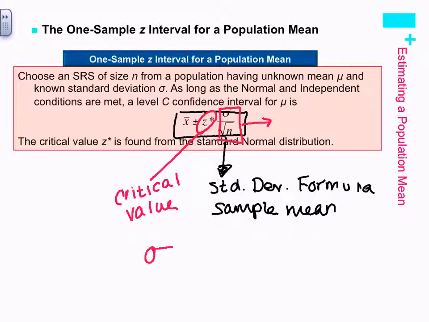So much like we've done with our proportions, instead of our standard deviation for our population, we're going to have to use our standard deviation for our sample. And so we run into the same thing where it's not actually our standard deviation, it's going to be our standard error. We'll talk about that again in, I believe, the third video.